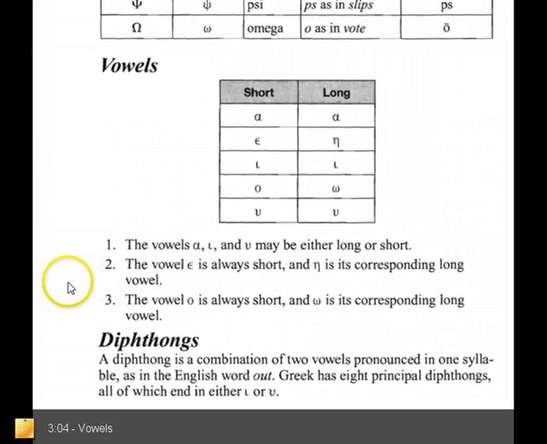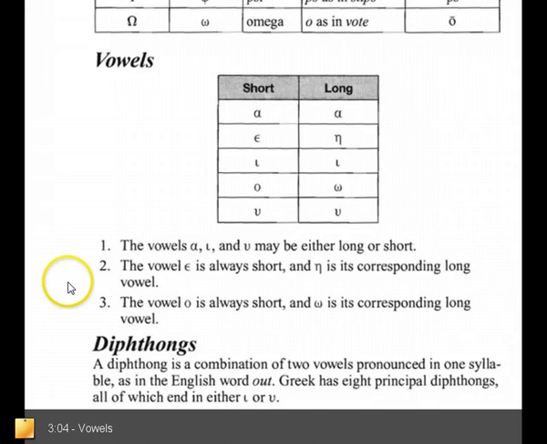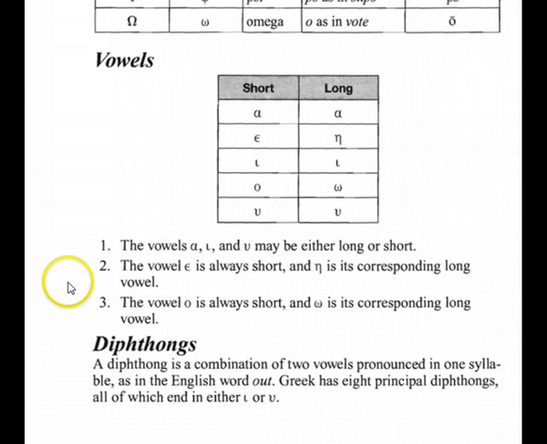Now we come to some information about the vowels. The vowels can be categorized as short or long. The purpose of this categorization is to help you know where to place the accent on a word, because the length of a given vowel will determine how accents work. I'll explain that a little later.